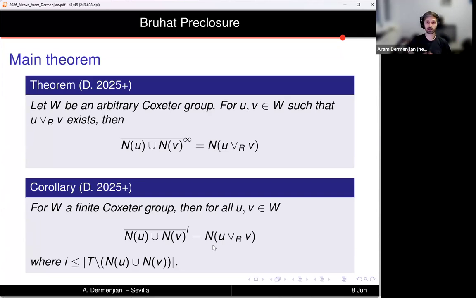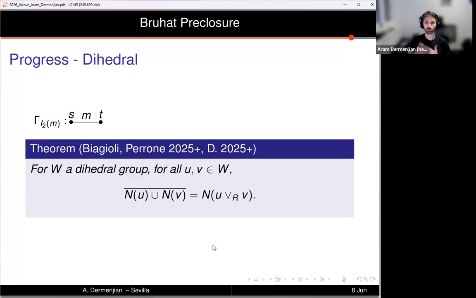And so there's been a lot of work in recent years in trying to figure out how much of this is true. How much can we get rid of this infinity? So in recent years, like I said, there's been a lot of progress. Biagioli and Proni last year, and myself, showed that in the dihedral group case, we can get rid of the infinity and it still works.